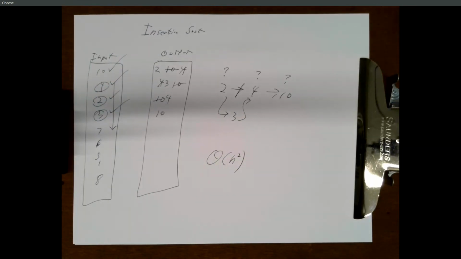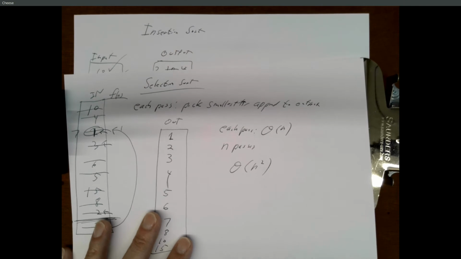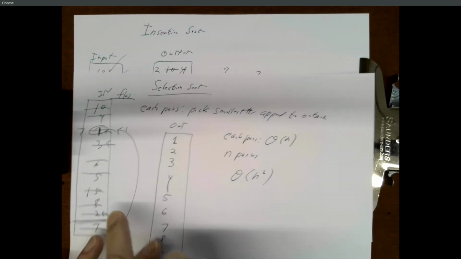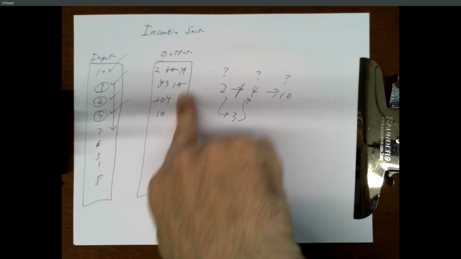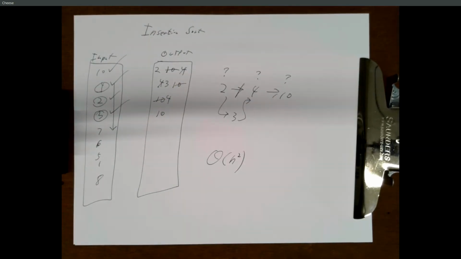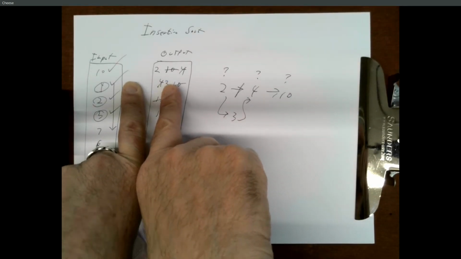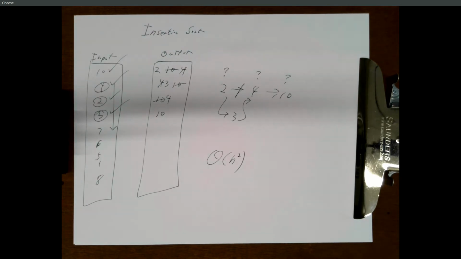All right, so you got the difference between selection and insertion. Selection, you do the work in choosing from your input. Insertion, the sorting happens when you insert into the output. I've mentioned before, this seems to be how I sort papers. I get a stack of papers turned in, and I take the first paper, and that's at the top of my pile, and I take the second paper, and it goes before or after the first.